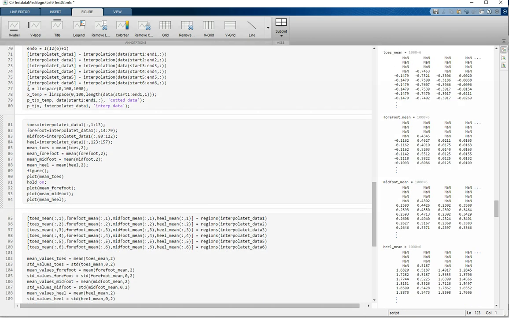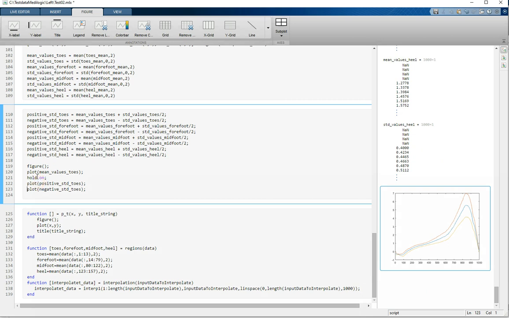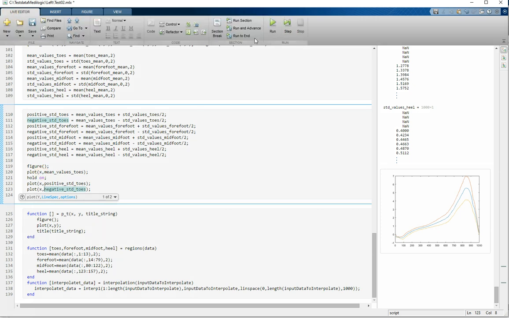I can use that one, it should be in the workspace. I can try it by including it here, X, and rerun the section. And then we should see on the x-axis from 0 to 100% of the stance phase.